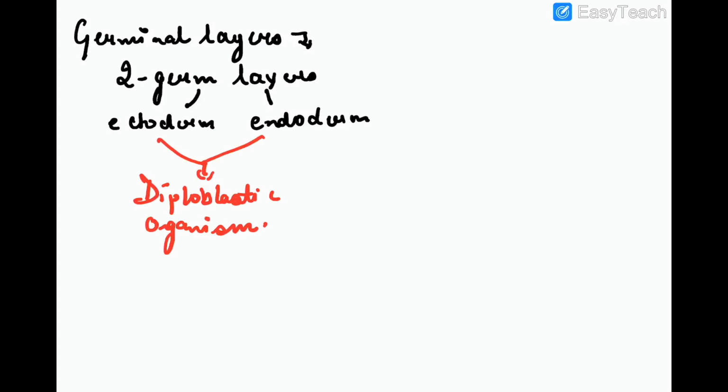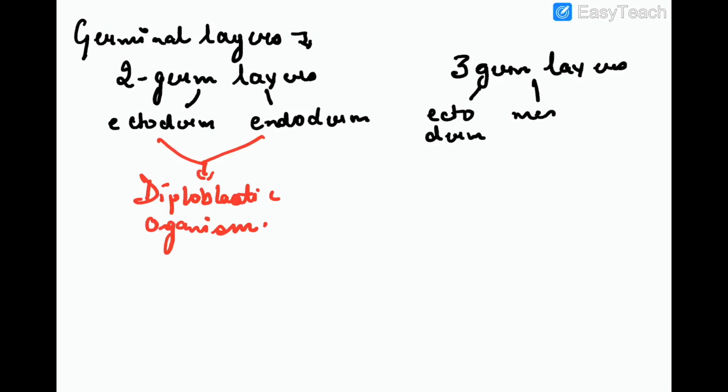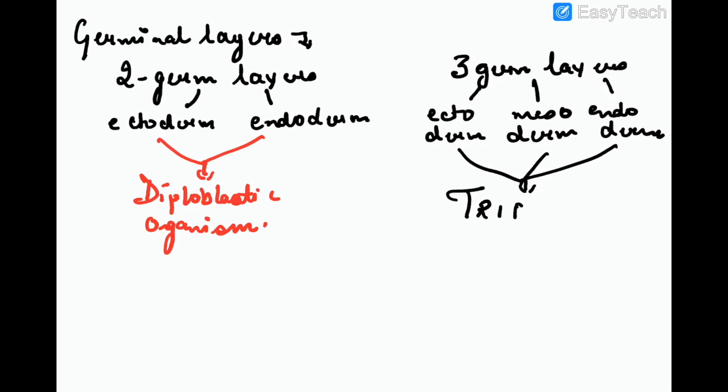But if an organism develops from three germ layers that are outer ectoderm, middle mesoderm, and inner endoderm, they are known as triploblastic organisms.